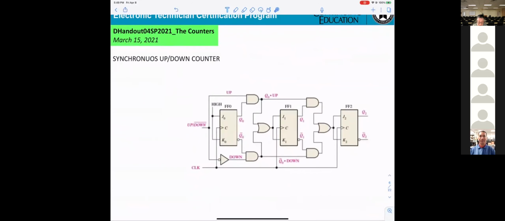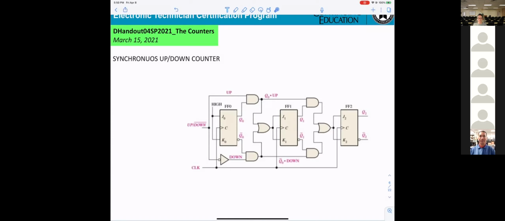This is another one, a synchronous counter, up and down. If you're looking at this schematic, what is the maximum range the counter can count, from what number to what number? 0 to 7 to 0.